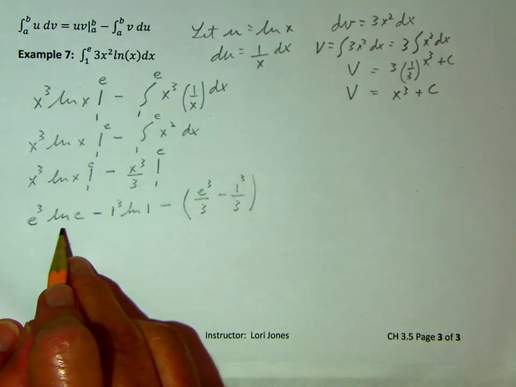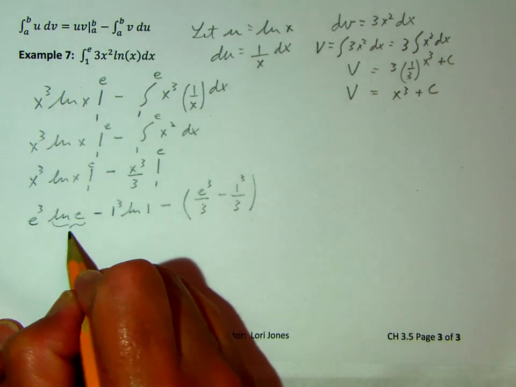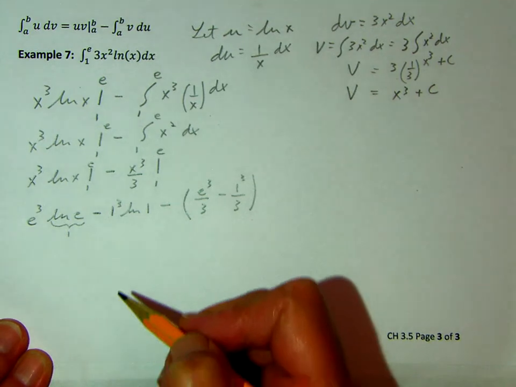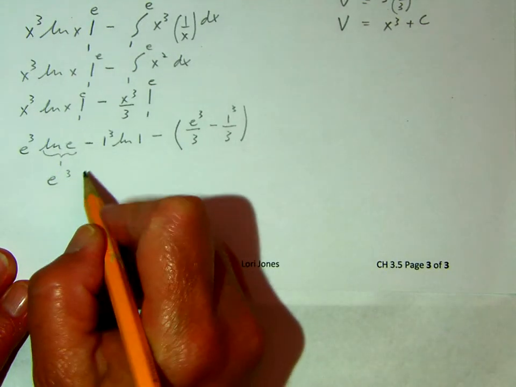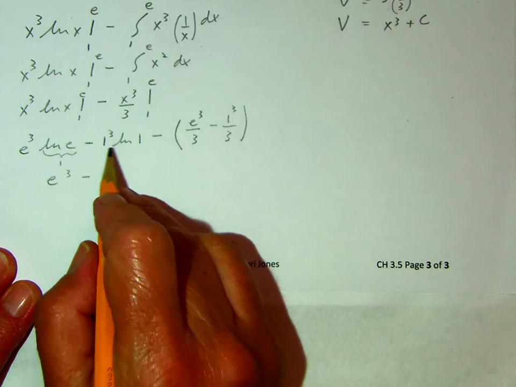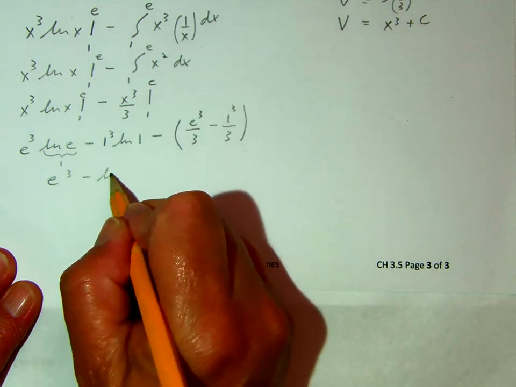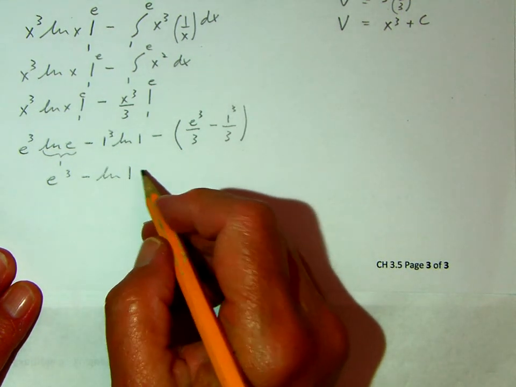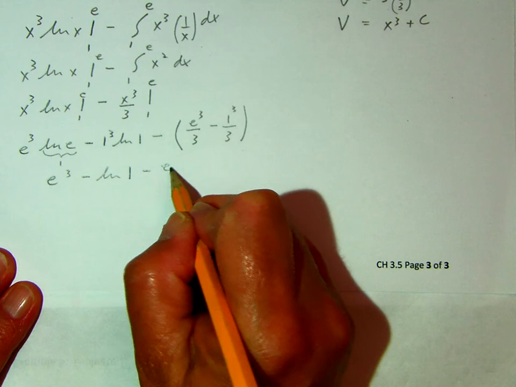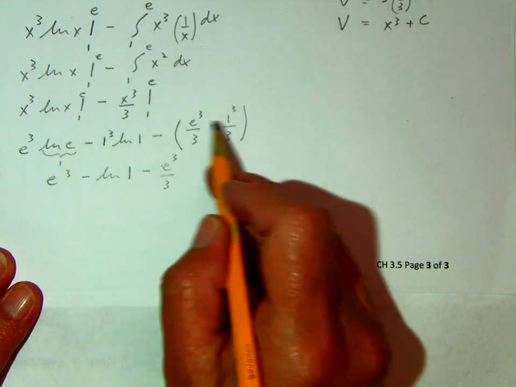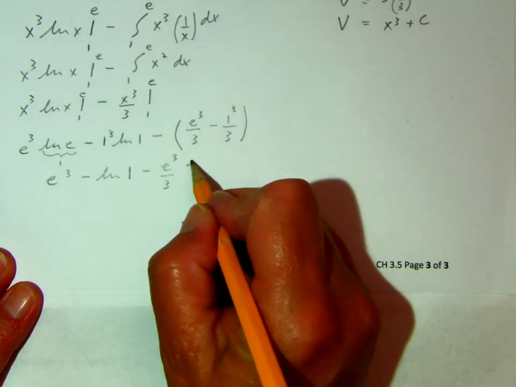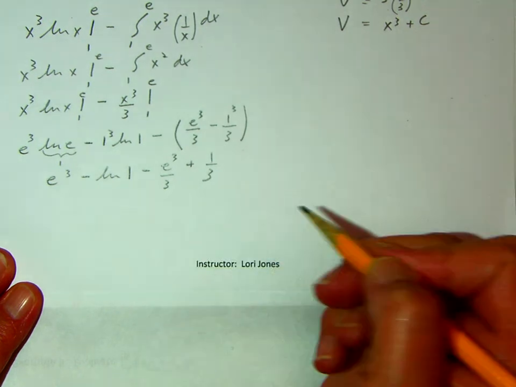So remember, ln e is 1. So that gives us e cubed minus 1 times the natural log of 1 minus e cubed over 3 minus a third, so plus a third.